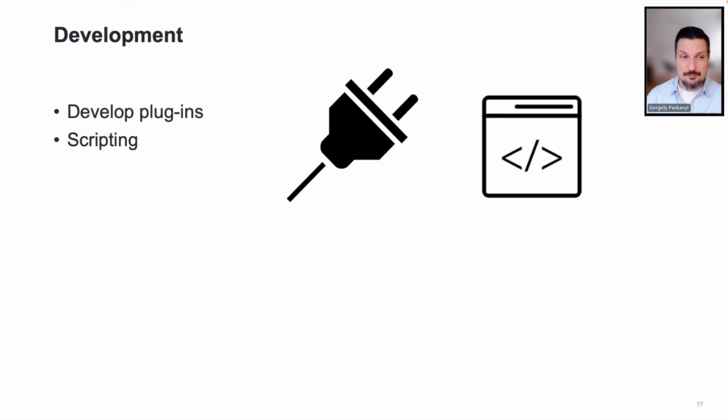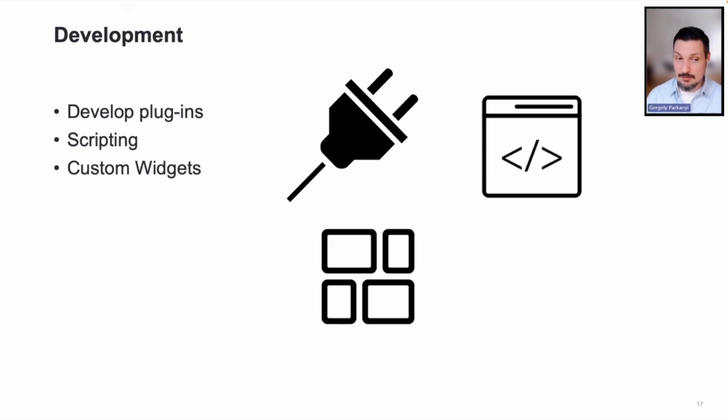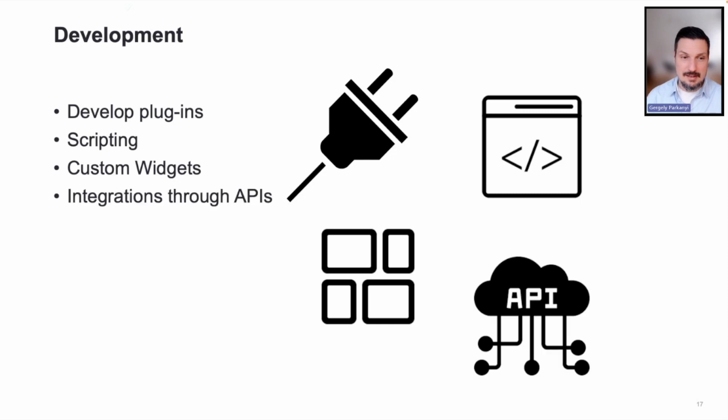Custom widgets, they are like reports available to users. They have to be developed as well. And then integrations through APIs. A lot of times some purpose-built tools need to live on after the deployment of Codebeamer, either because they are business critical and there's a lot of historical data in them, or people simply like them.